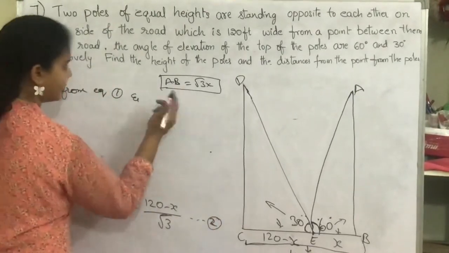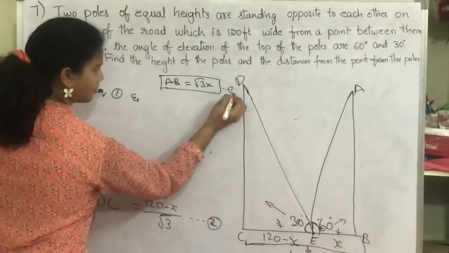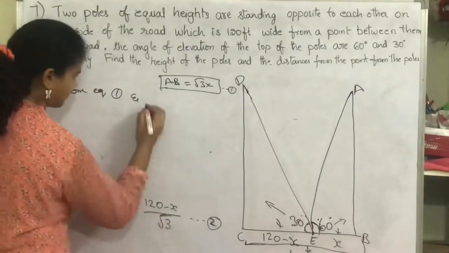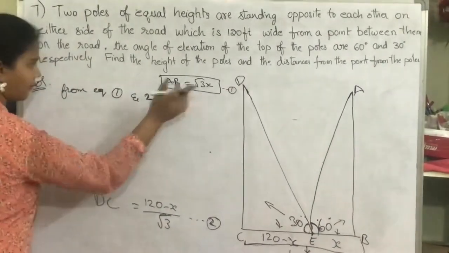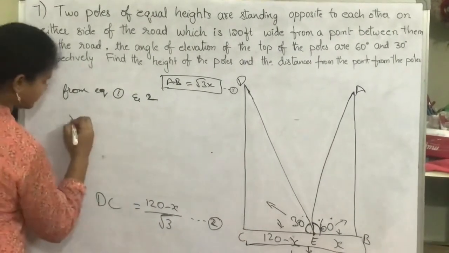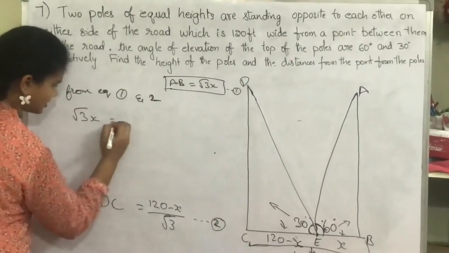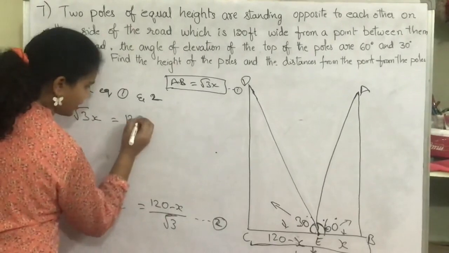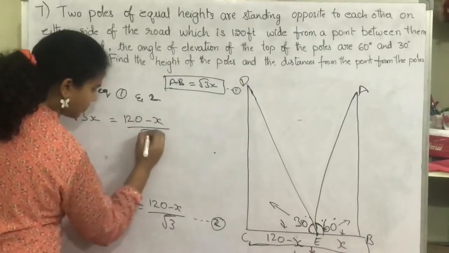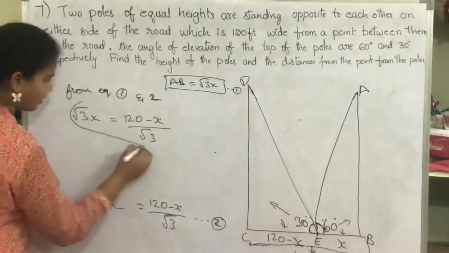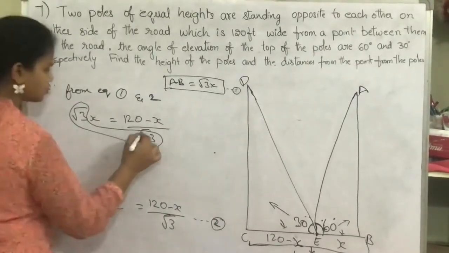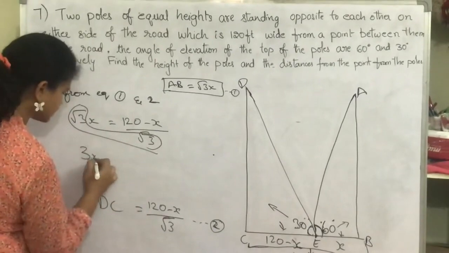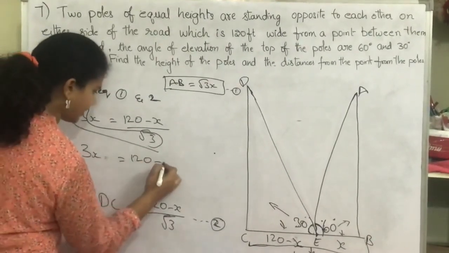From equation 1 and equation 2, the first equation gives root 3x equals 120 minus x by root 3. Here root 3 into root 3 gives 3, so 3x equals 120 minus x.